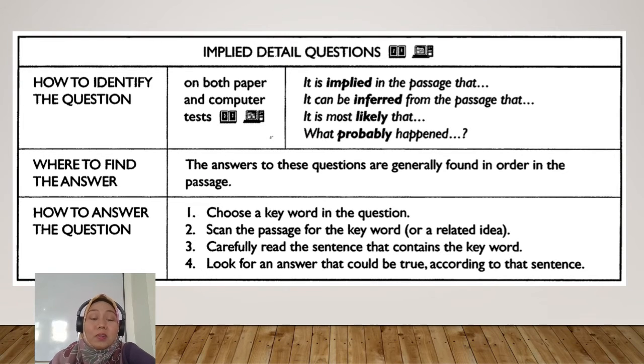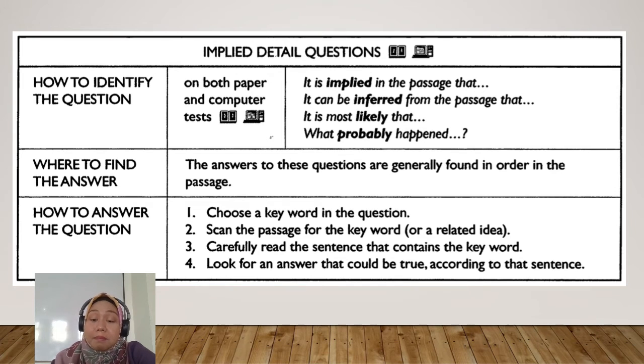Okay, so here is the summary on how to identify the question for implied detail questions. And these are some of the variations of the questions. You might see: it is implied in the passage that, or it can be inferred from the passage that, it is most likely that, or what probably happened next.